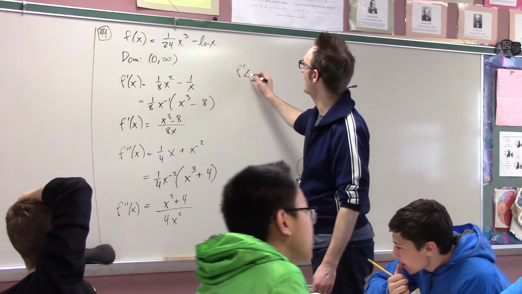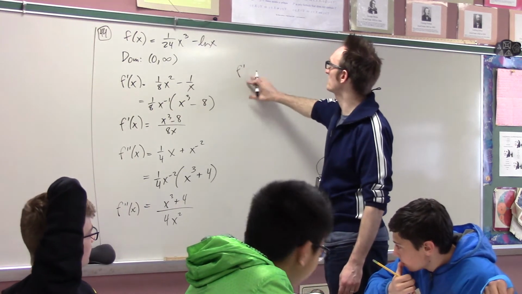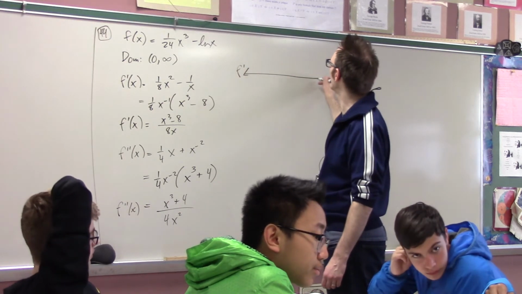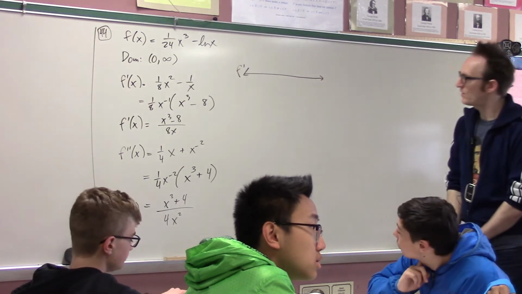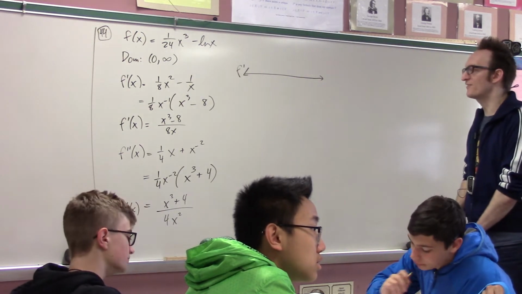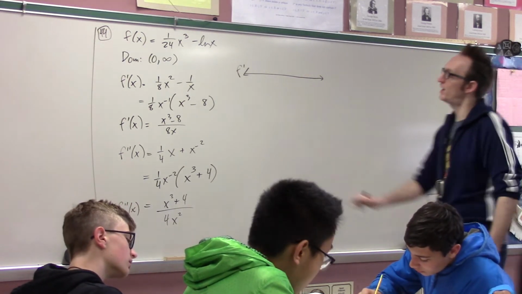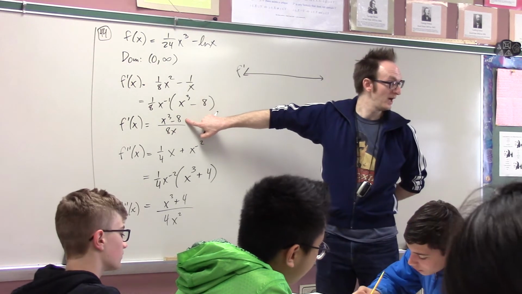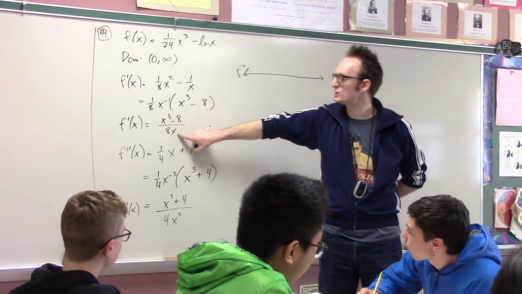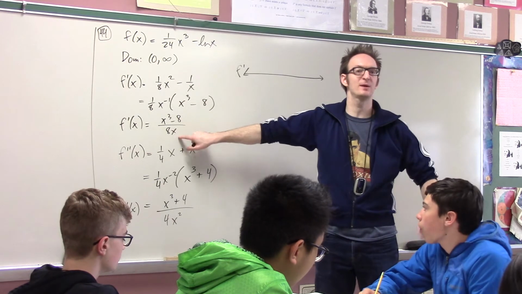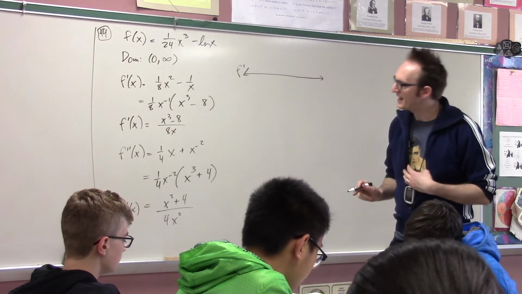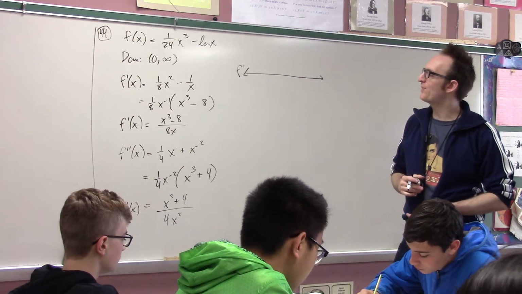All right, now when it comes to making the sign charts, let's talk about this. So what is f prime? Oh, the other thing is, well, okay, I'll do f prime first, and then I'll have some comments. So when does f prime change sign? Well, it changes sign at 2, from negative to positive, and it changes sign at 0. Now, you might be objecting, hey, you already told me that the domain is only positive numbers.